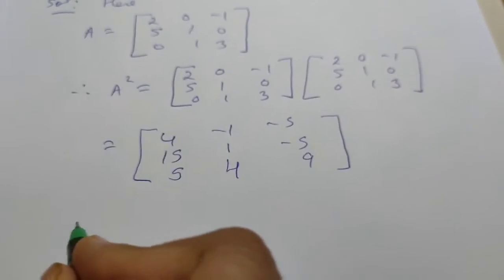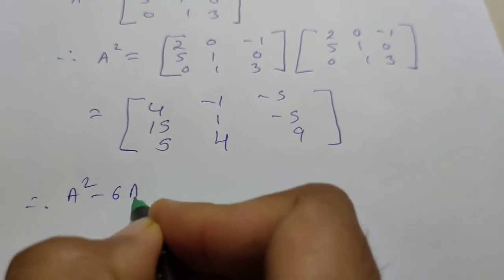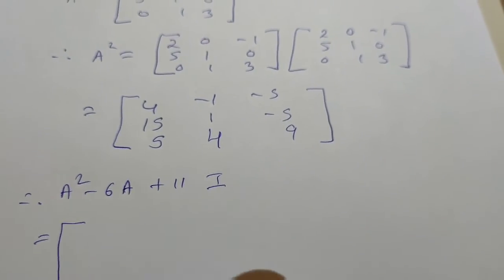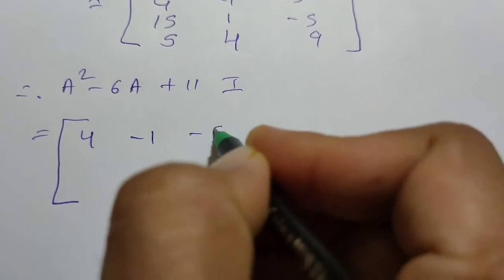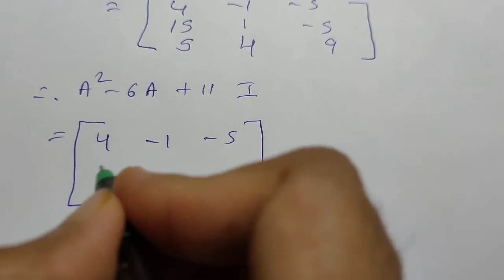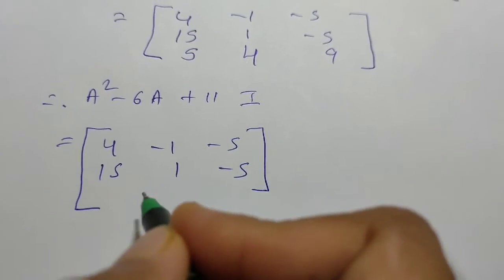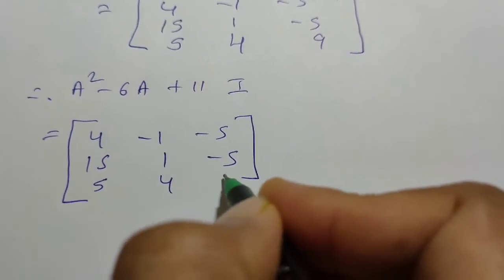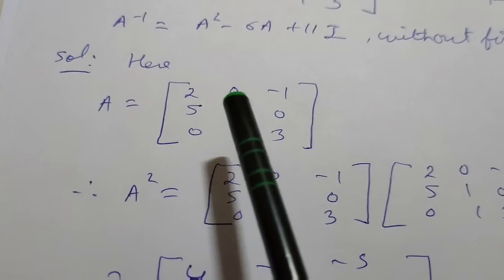Now we will find the value of A square minus 6A plus 11I. We already have A square, that is first row 4, minus 1, minus 5, second row 15, 1, minus 5, and third row 5, 4, 9, minus 6 times A. What is our A here? First row is 2, 0, minus 1.